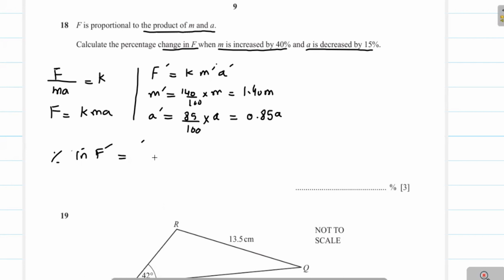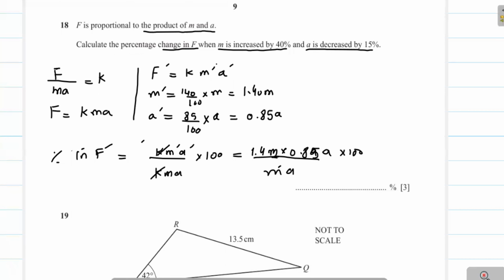That value will be equal to K M dash A dash over K M A multiplied by 100. We can write M dash is 1.4 M multiplied by 0.85 A, multiplied by 100 divided by MA, and it would be cancelled, and that value will be equal to 119%.